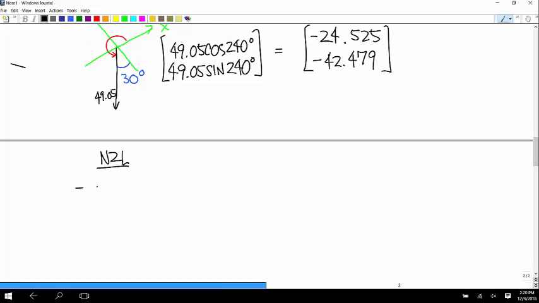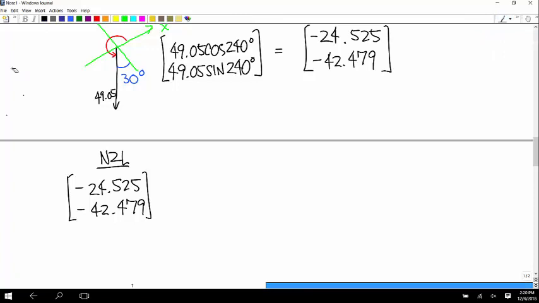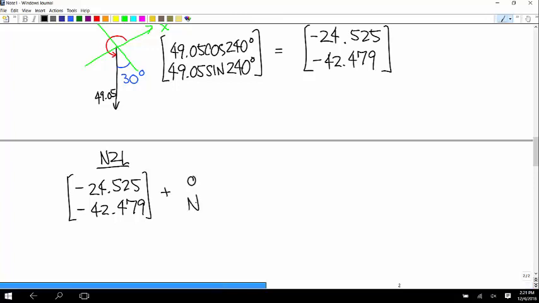So we have negative 24.525, negative 42.479, plus 0, n, plus negative 0.2 times that same value of n, and then 0 for y. And that's equal to the mass times the acceleration vector.